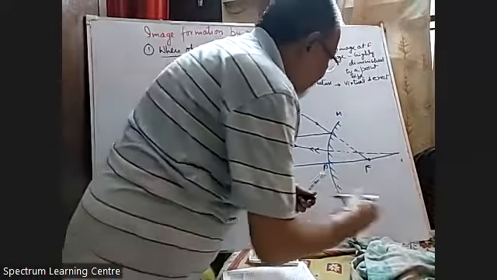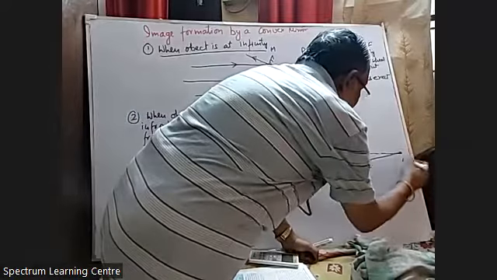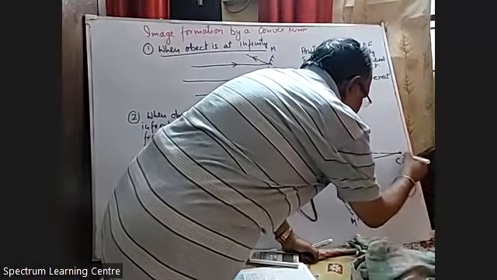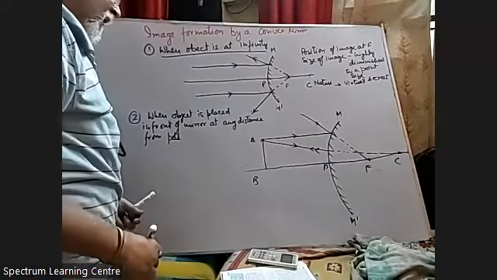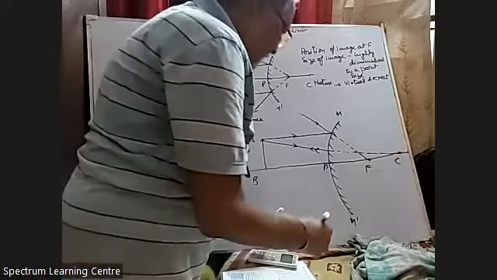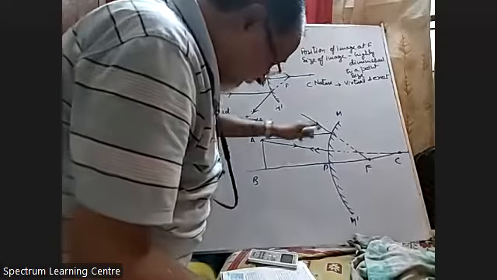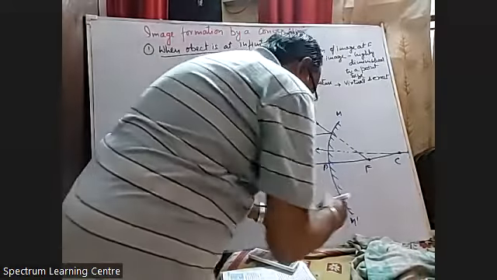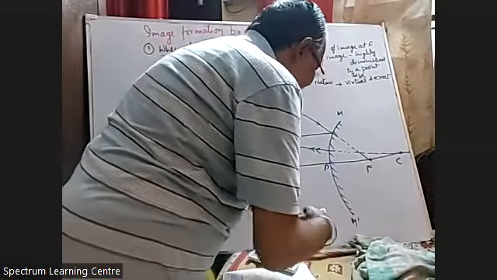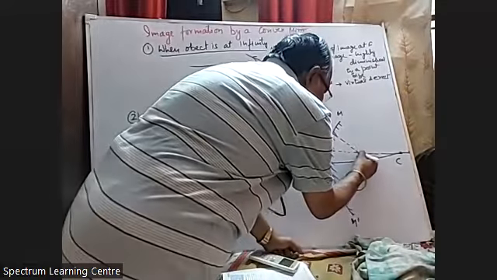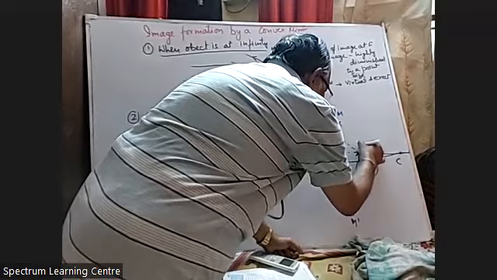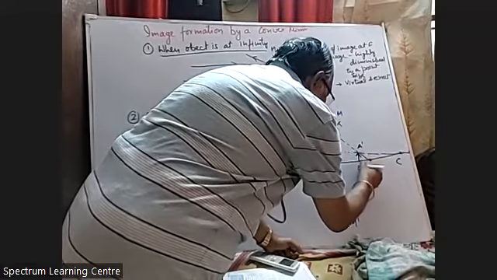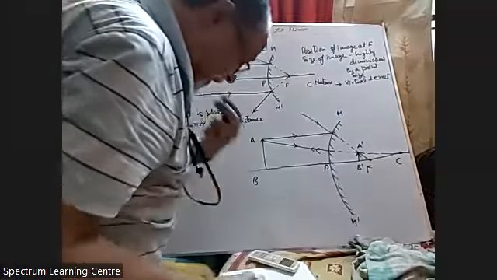So this point is C, and I'll extend the principal axis a little bit. Now see, it appears that these two rays are intersecting here, but they are not actually intersecting. So this becomes the image A dash B dash.